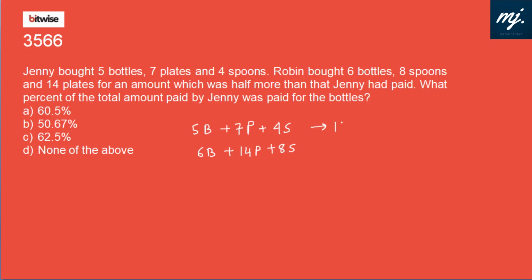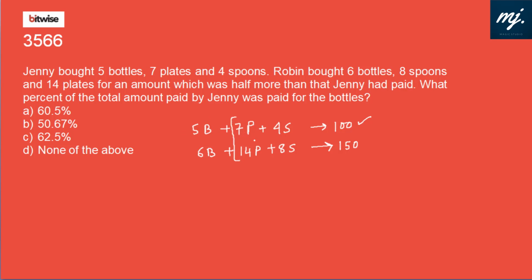Suppose Jenny had paid 100 rupees for this, then Robin had paid 150, 50% half more than 100 rupees. Now what percent of the total amount paid by Jenny, out of 100 rupees, is being paid by Jenny for these 5 bottles?